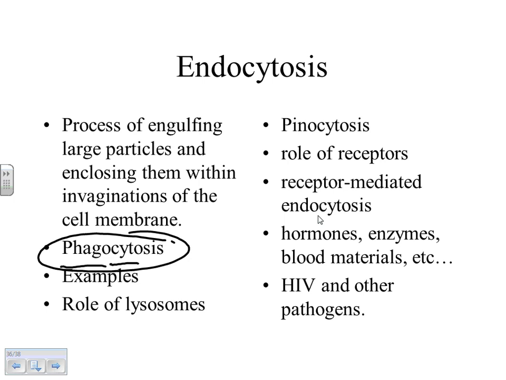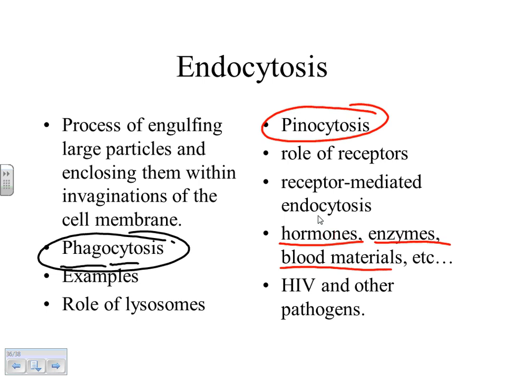The last process we'll mention is pinocytosis. This is when a cell engulfs large amounts of dissolved substances, dissolved solids. Could be hormones, could be certain enzymes, could be materials from the blood, could be just simple solutes.